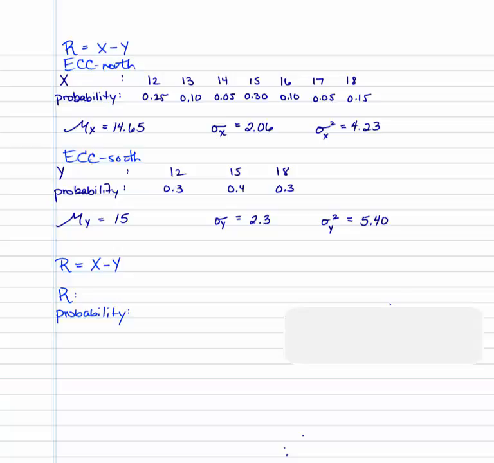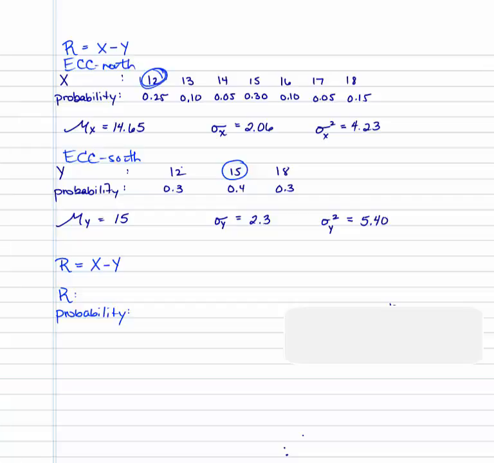So you're going to be subtracting each one of these, like 12 and 12 will make 0. 13 minus 12 will make 1. 14 minus 12 will make 2. Okay, so I'm trying to start at the smallest number. Let's see what happens when we do 12 and take away 15. We'll make negative 3.